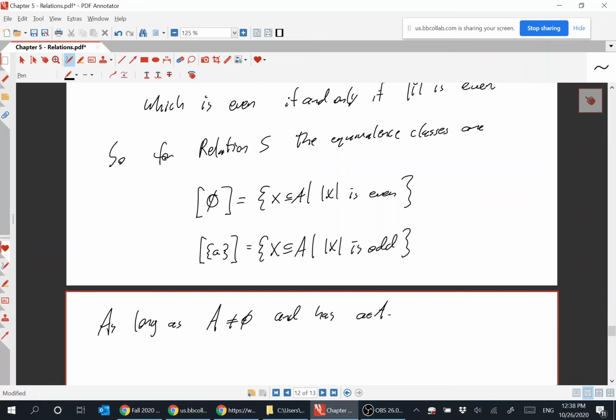So any subset of order 1 has odd order, and the empty set is the only subset of order 0 that has even order.